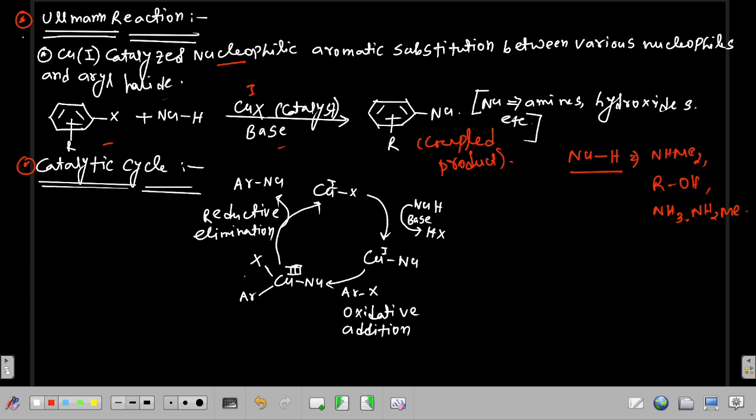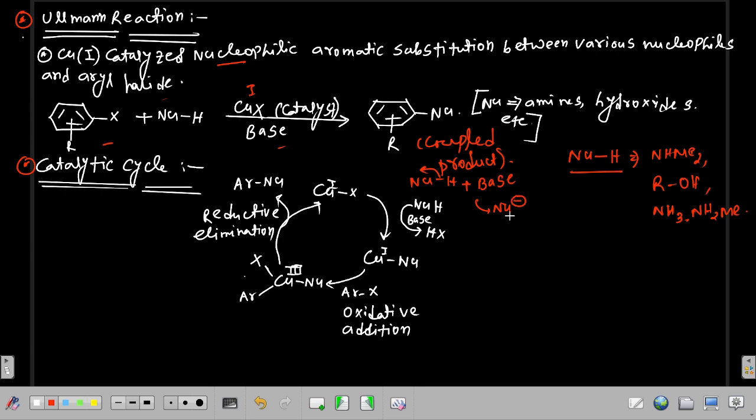In the catalytic cycle, we start from the copper(I) halide catalyst. First, this nucleophile is present bonded with H. Now if it reacts with base, the base will abstract the proton, so it will form nucleophile minus.